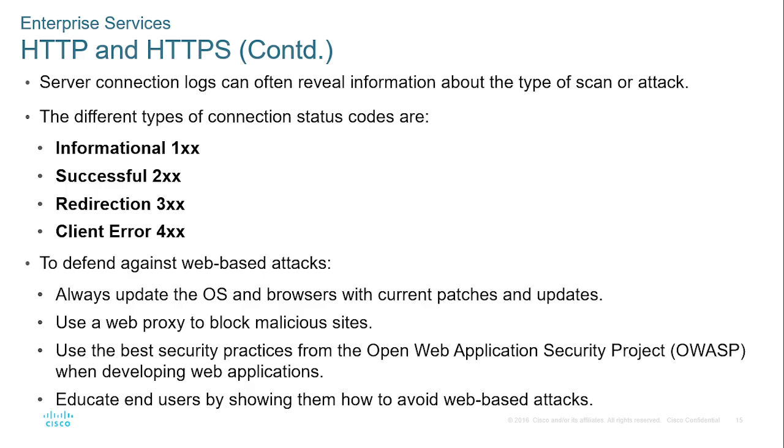So you can always run your application against the OWASP top 10. And of course, if you're in an organization where users heavily rely on web services, you can educate them on how best to use the web services and avoid web-based attacks.